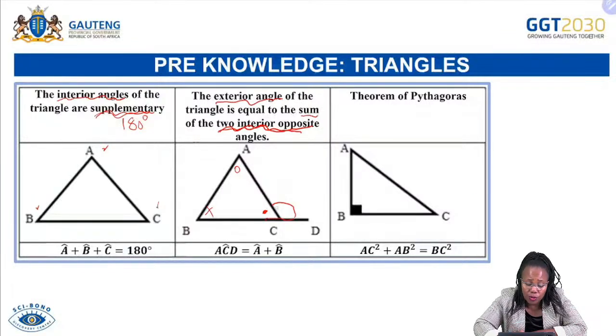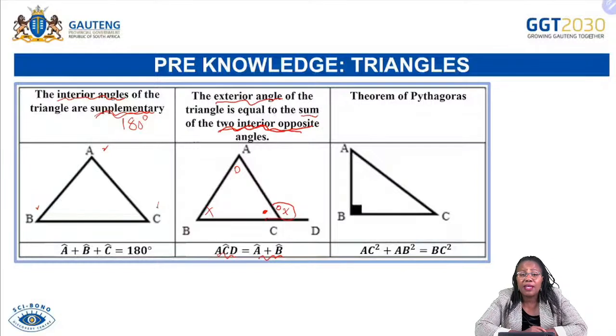So these two is equal to the sum. The exterior is equal to the sum of the interior opposite. That means we add angle A plus B, they will be equal to angle ACD. So angle ACD is equal to the sum of the two interior angles A plus B.